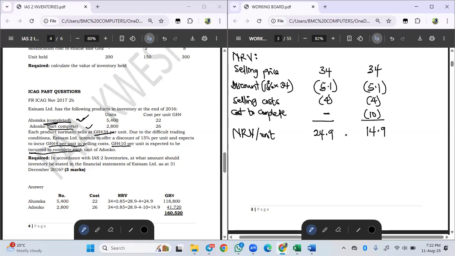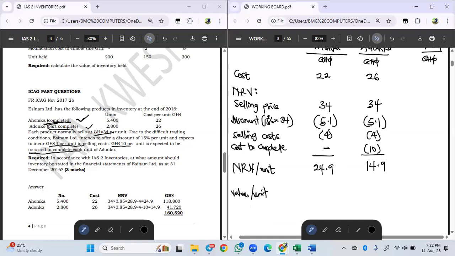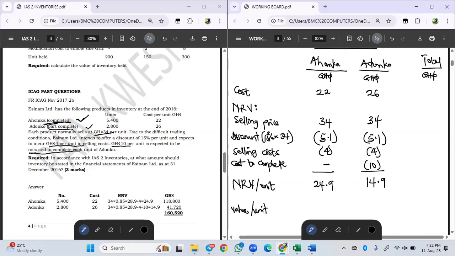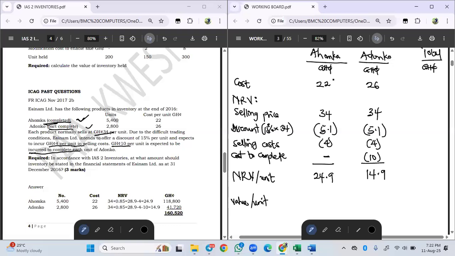Okay, so let's do this. Value per unit: you know, lower of cost and net realizable value. So for Ahunka, we are choosing the lowest one, that is 22.